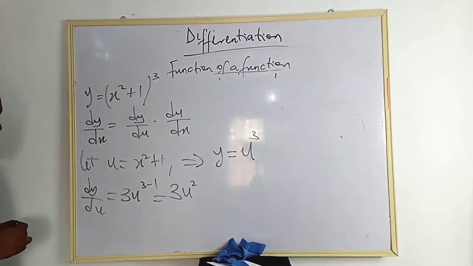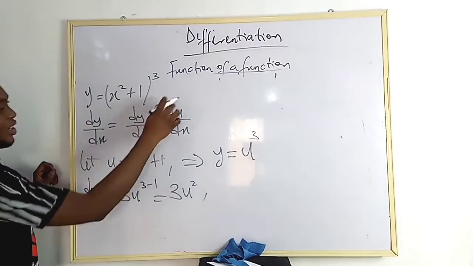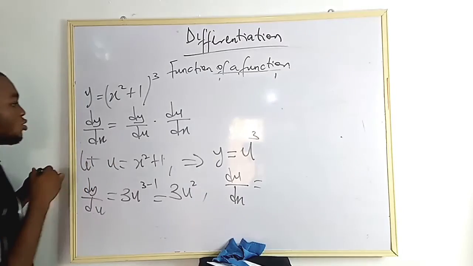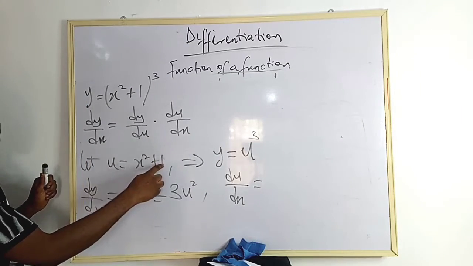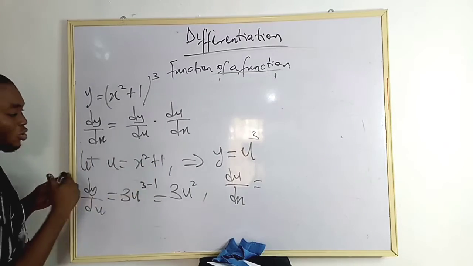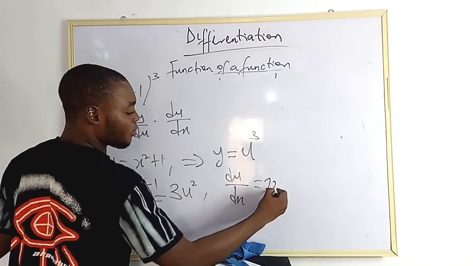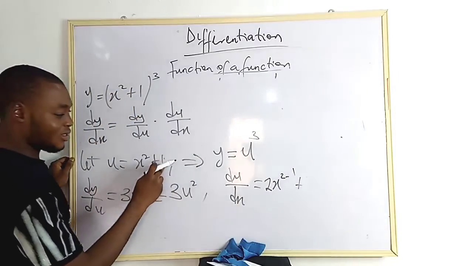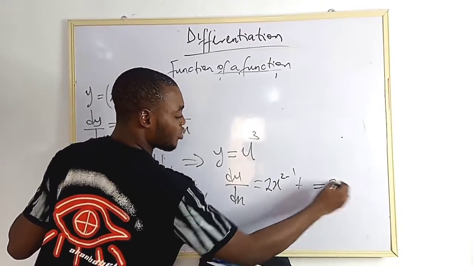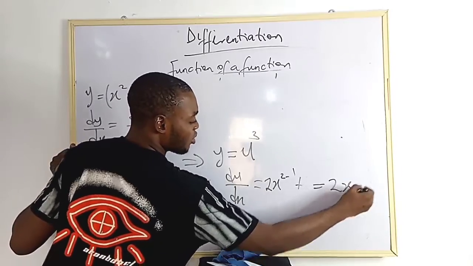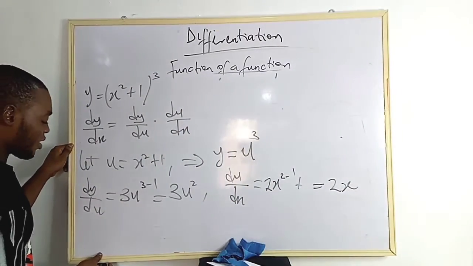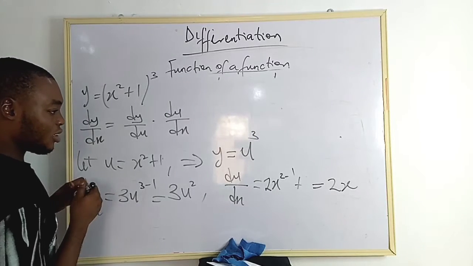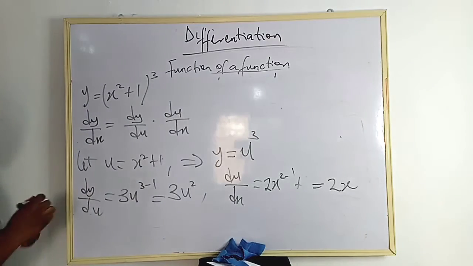Now du/dx. U equals x squared plus 1, so differentiate this with respect to x. For x squared, you bring 2 here, 2x raised to power 2 minus 1, plus the derivative of 1, a constant, which is 0. So we have 2x. That means dy/du is 3u squared and du/dx is 2x.